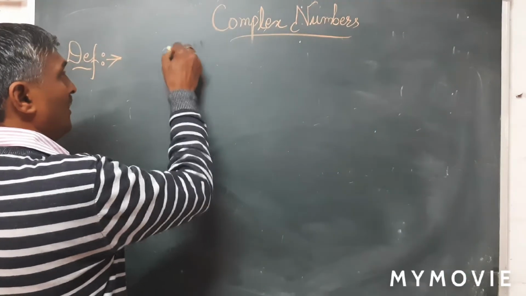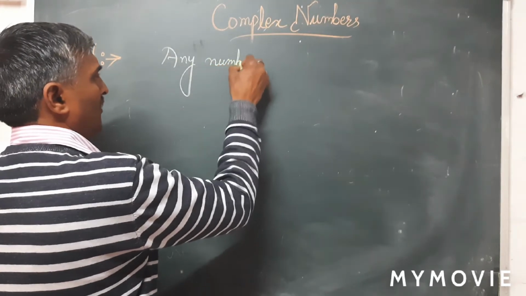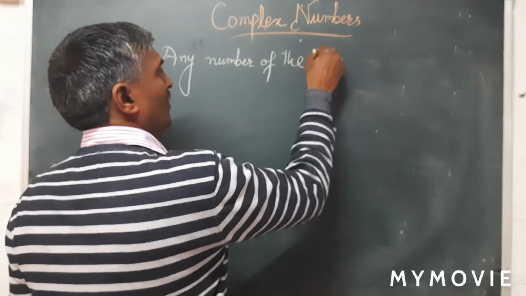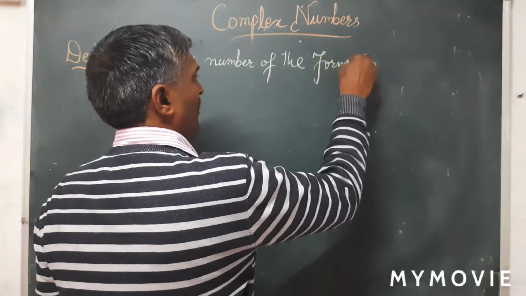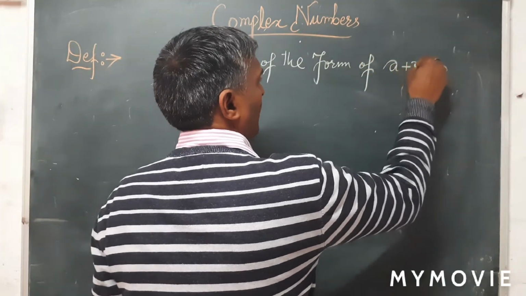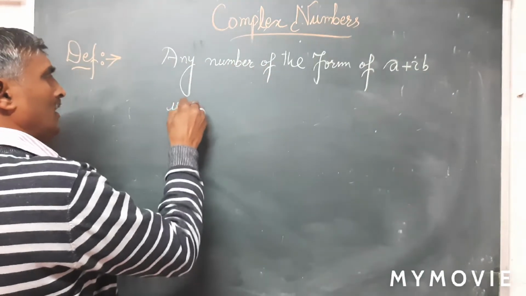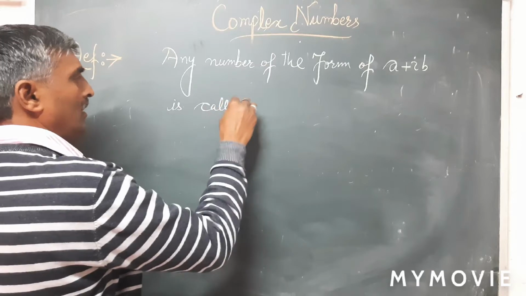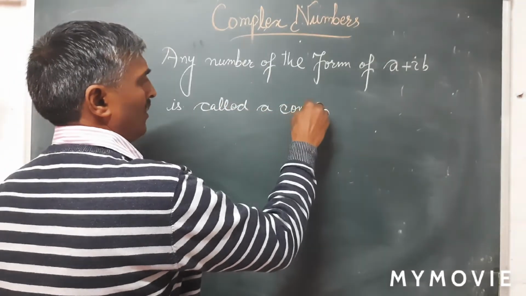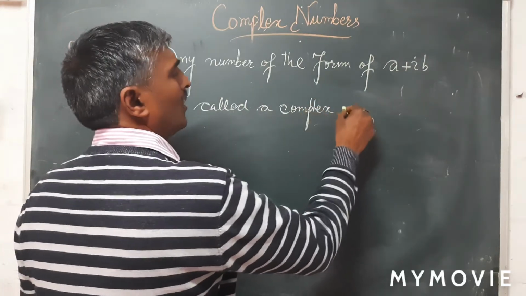Any number of the form a plus iota b is called a complex number.